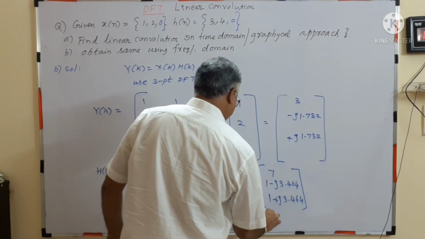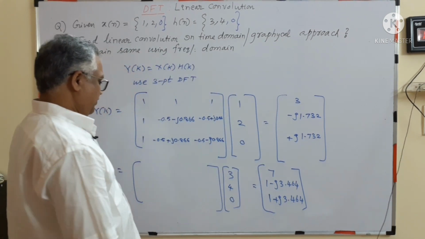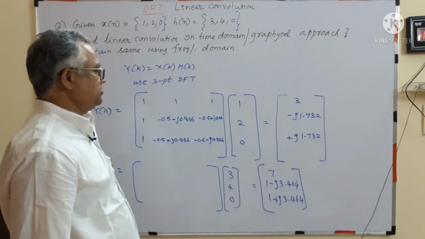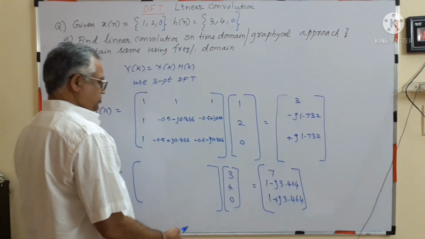So you need a lot of patience to multiply this, and if I keep on doing it with the calculator, it takes more time. So ready-made answers I am giving, you check it yourself.